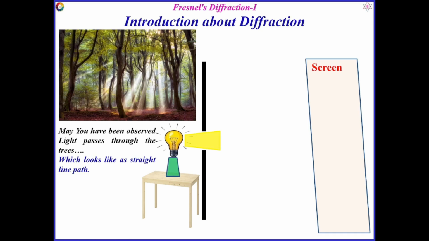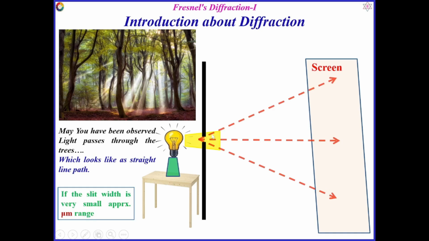But if we consider the slit width to be very small, approximately in the micrometer range, then the light does not propagate only in a straight line. It also propagates along this direction and along this direction, diffracted through this edge.